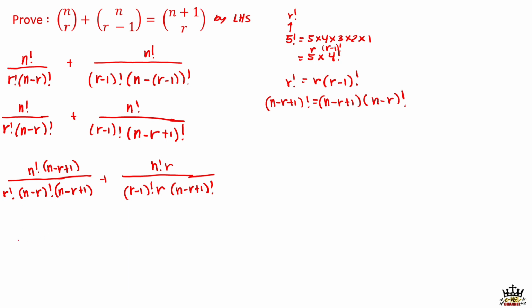We can have the new equation with r factorial times n minus r plus 1 factorial as our least common denominator.